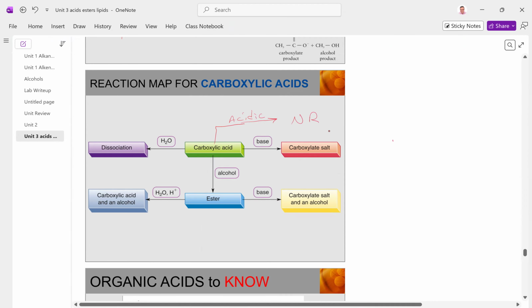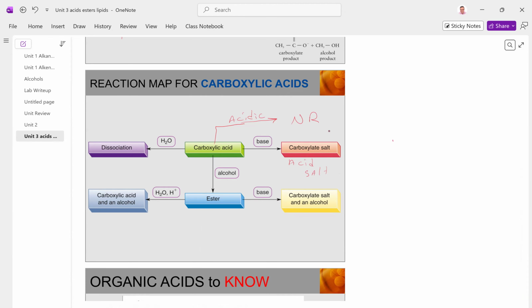So we have plain water, disassociates, and the plain water is slightly basic. That's why it pulls it off. In a basic environment, the H is pulled off from the acidic group, resulting in an acid salt. And in an acidic environment, there's no reaction.